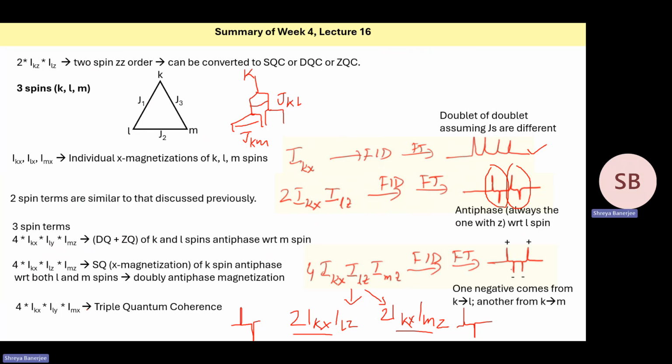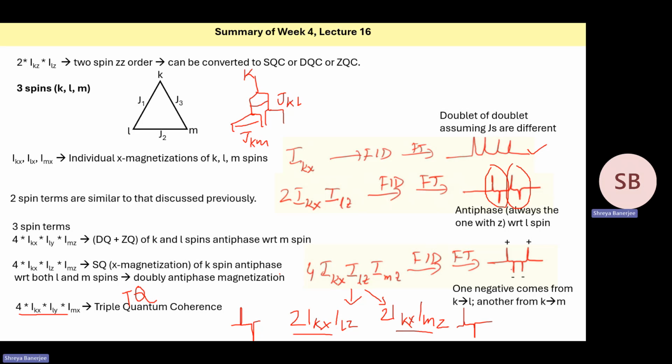And if you have a term where there is nothing in the z-axis, where K and M are in the x-axis and L is in the y-axis, so nothing is in the z-axis, that is called triple quantum coherence or TQ. Again, we don't need to go into the mathematics or how these terms came about.